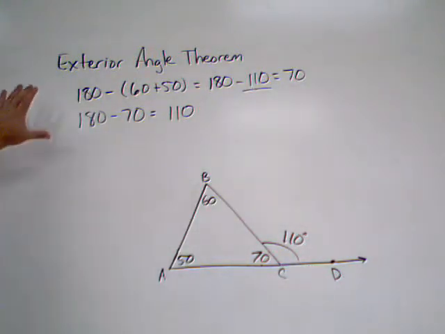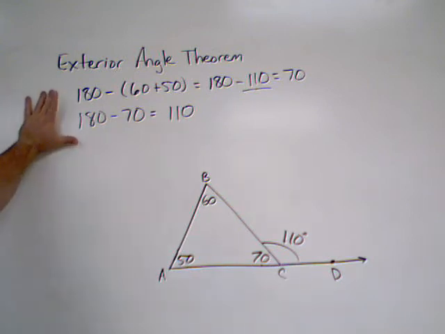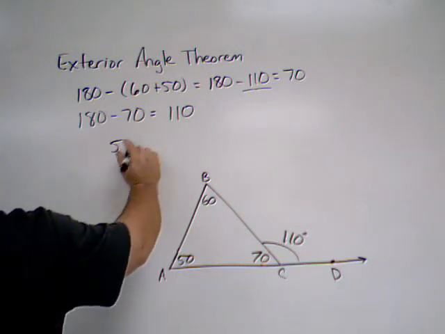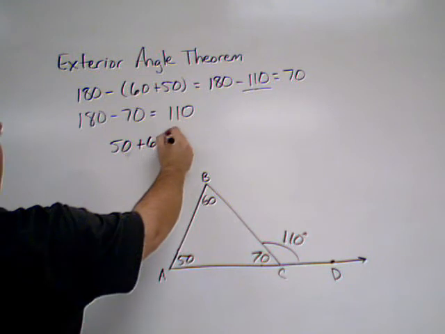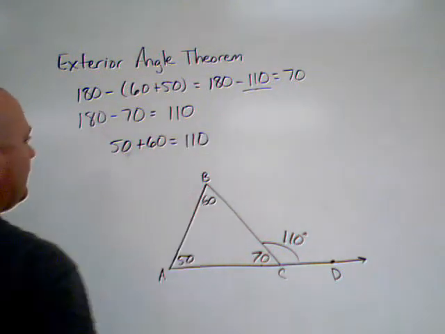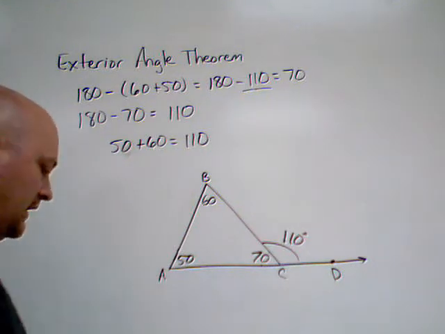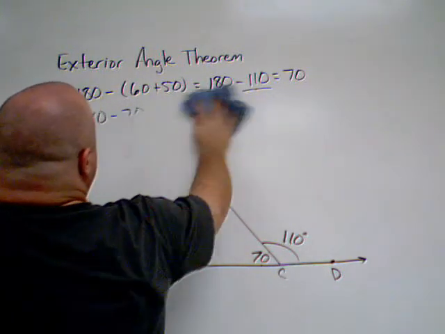So we can save ourselves a step if we just apply the exterior angle theorem. We said 50 plus 60 equals 110. That automatically gives us our exterior angle.